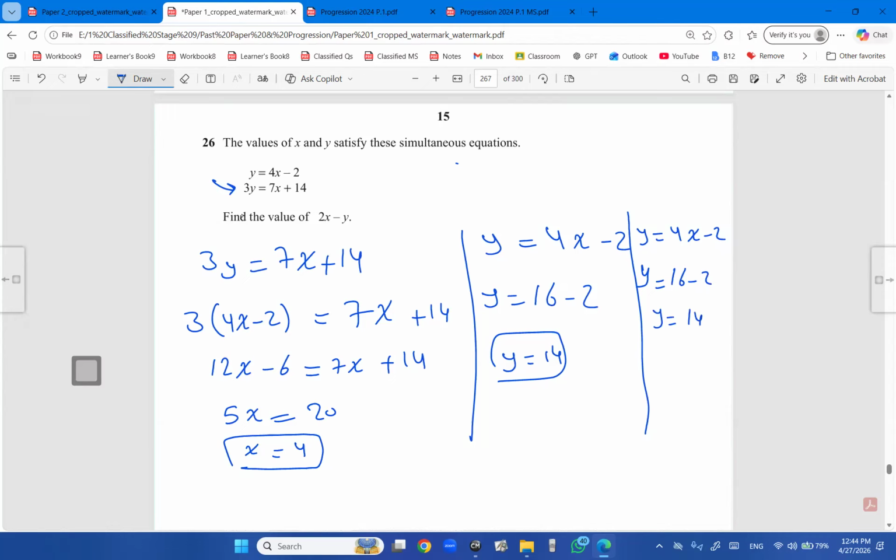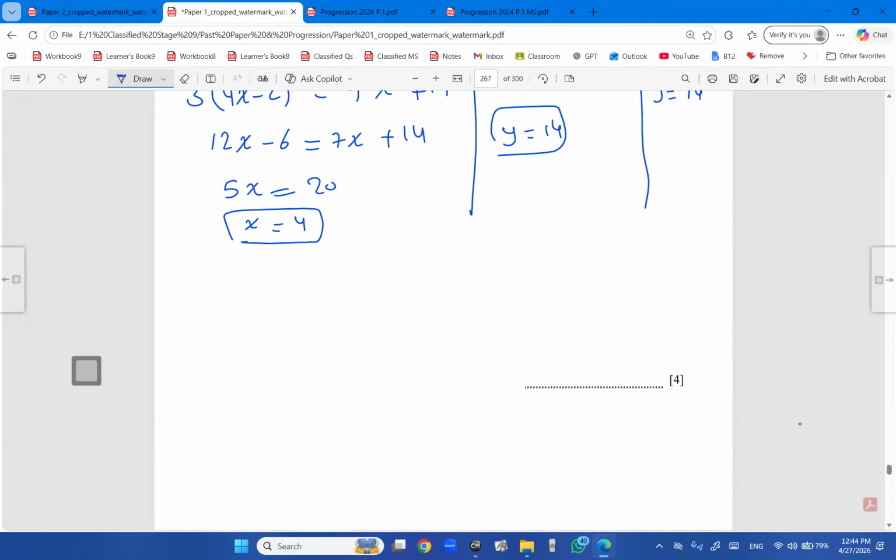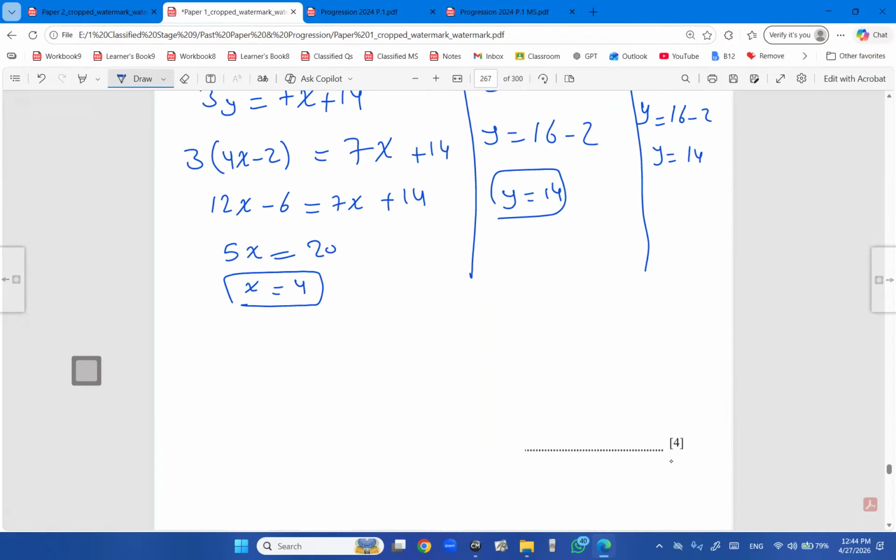And even if you go to the other one over here and you say 3 times y, which is 3 times 14, is going to give you exactly 42. Is it equal to 7 times 4, which is 28? 28 plus 14 is going to give you exactly also 42. So I double checked my answer. It is worth it for marks.